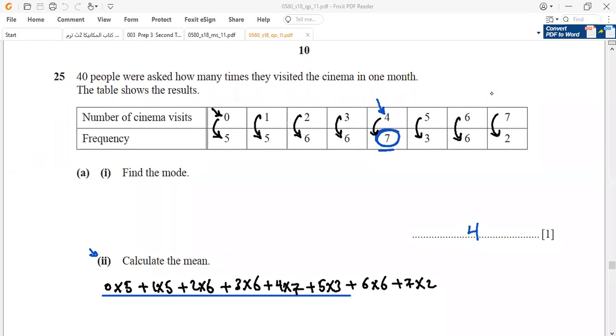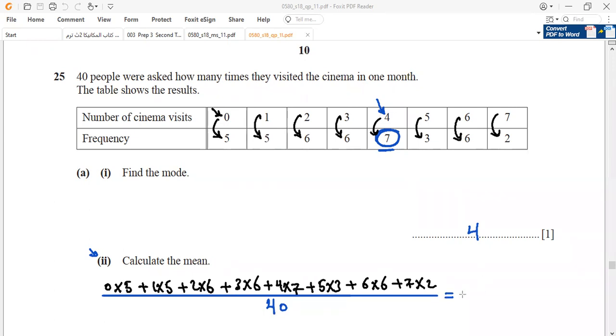Let's extend this line here, and we should divide all these numbers by 40, the number of values. We have 40 values.